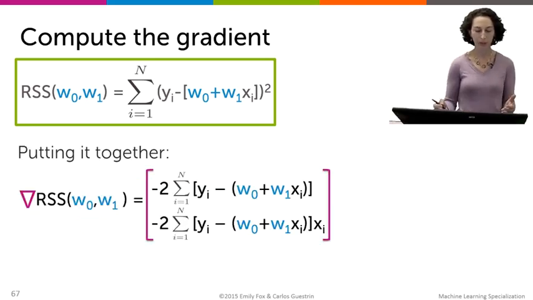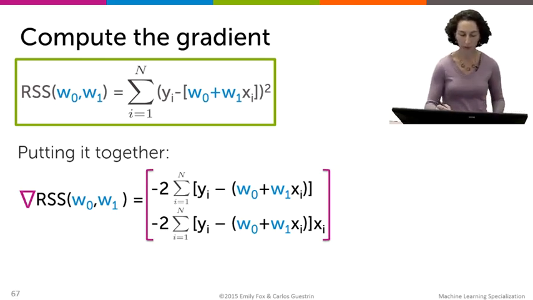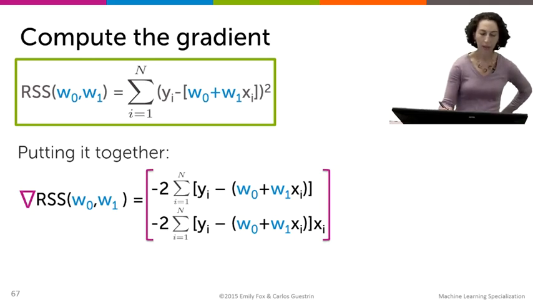Okay, let's put this all together. I went ahead and typed it out, so I don't need to write it here. So this is the gradient of our residual sum of squares, and it's a vector of 2 dimensions because we have 2 variables, w0 and w1. Now, what can we think about doing?